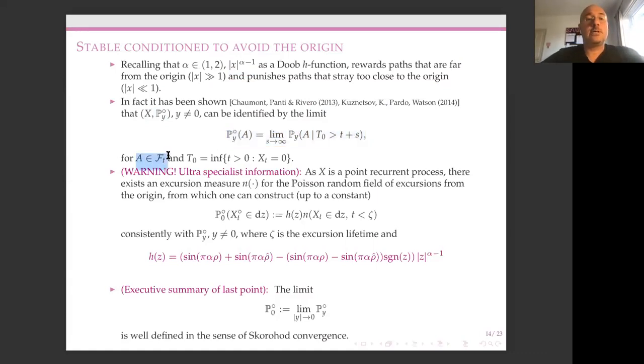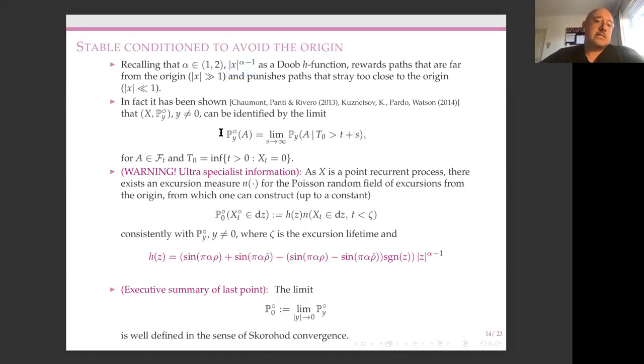Here F is an event up to time t, and here I'm saying keep it away from the origin at time t plus s, and then take s to infinity. It's rather a classical way of doing it. In the setting that alpha is less than 1, if we go back here, we see that we punish paths which go far away from the origin, and we reward paths that go close to the origin.